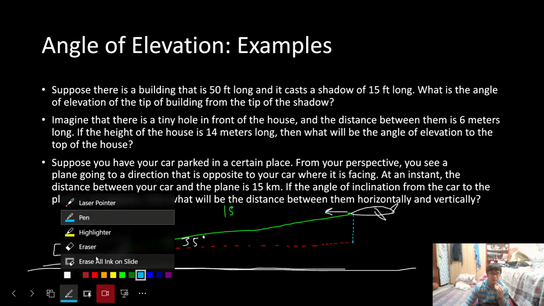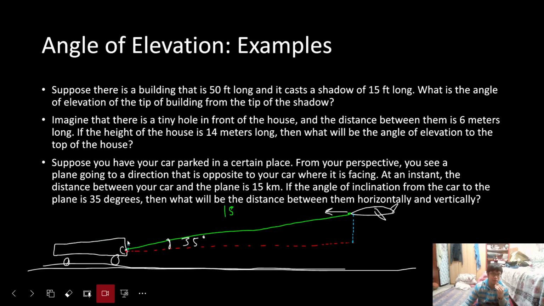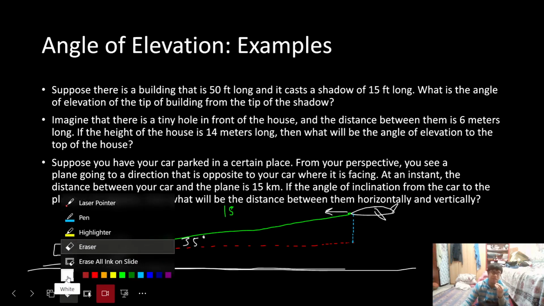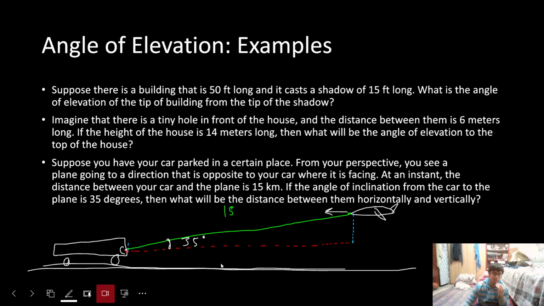So we will find the red line and the blue line. The red line represents the horizontal direction and the blue line represents the vertical direction.